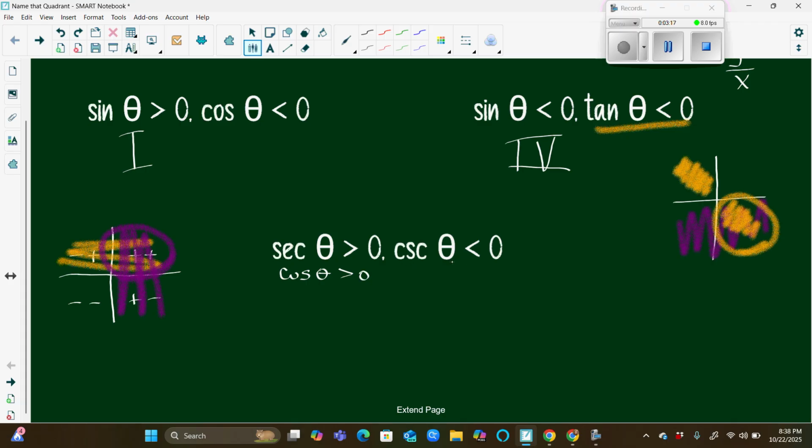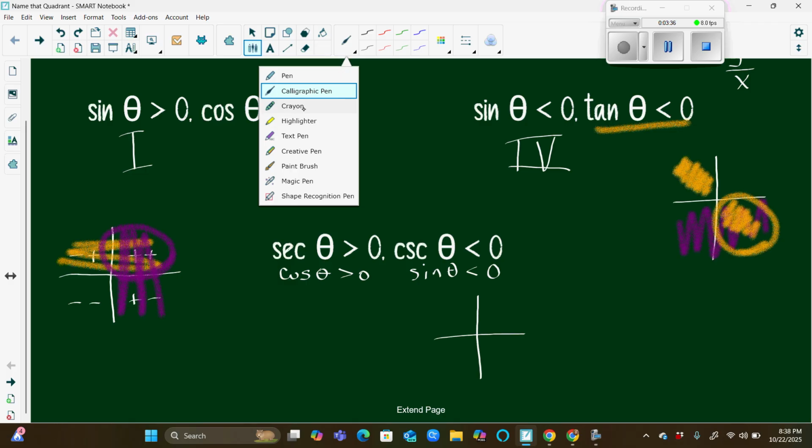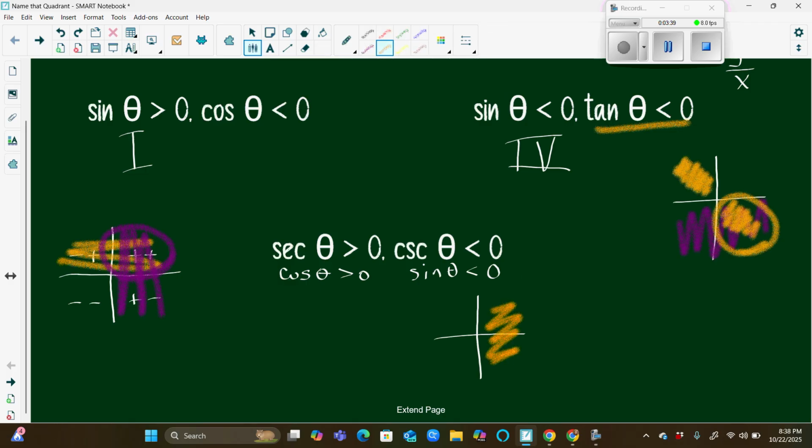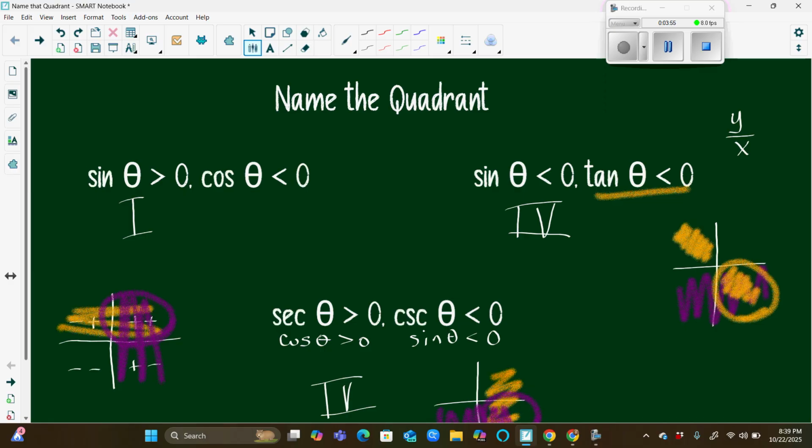And cosecant is the reciprocal of sine, so if cosecant is less than 0, then sine is going to be less than 0. So when I draw my x and y axis here, cosine is positive to the right, and sine is negative below the x-axis. And the place where both of those are true, again, is the fourth quadrant. And there you have it. That is how you name the quadrant when you're given the signs for the different trig values.